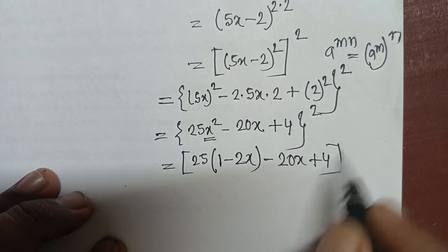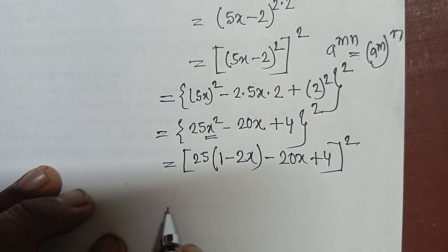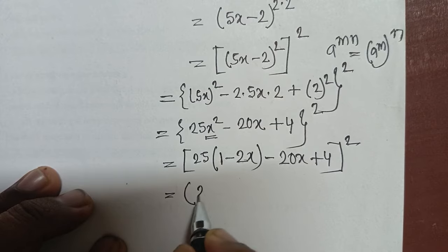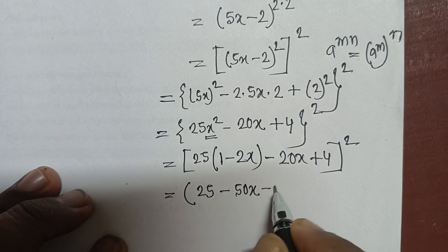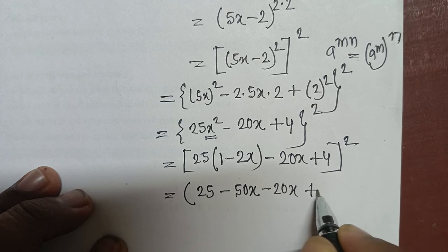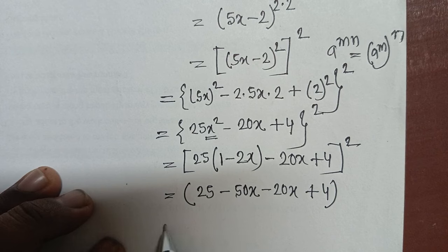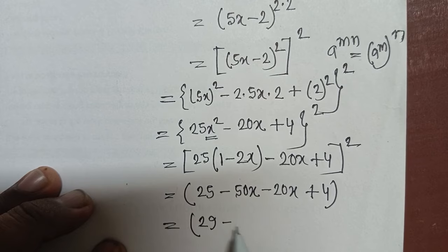We have missed that square. Now that will be 25 − 50x − 20x + 4. If we simplify, we get (29 − 70x)².